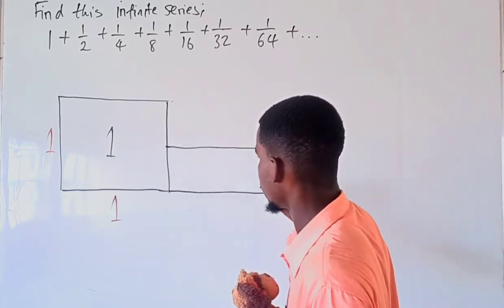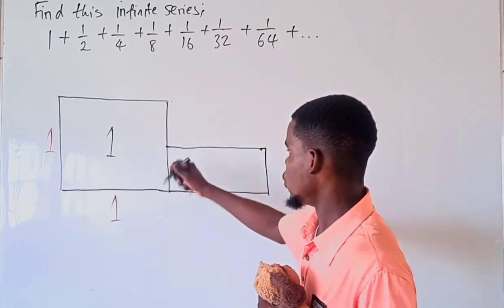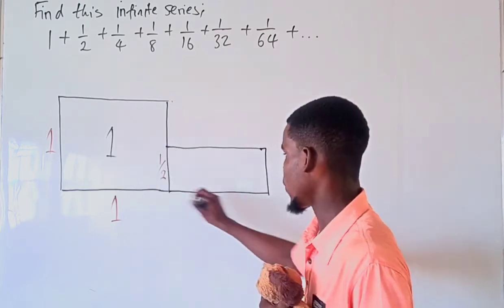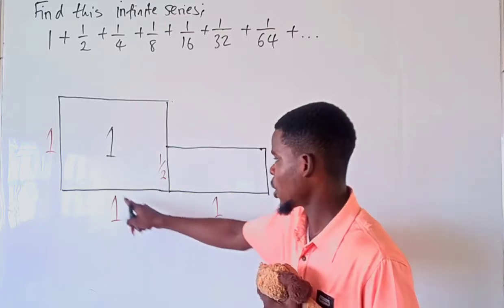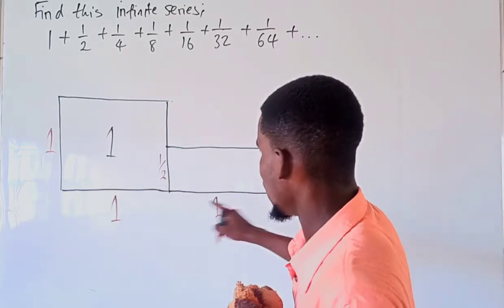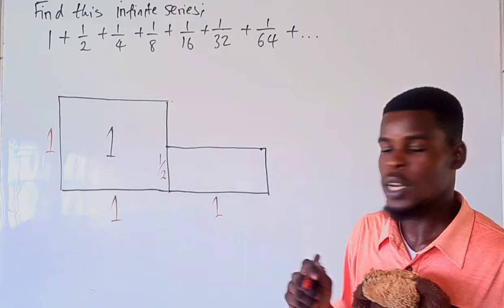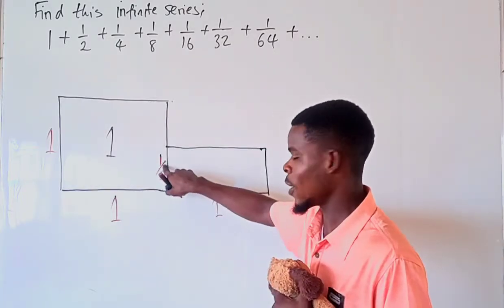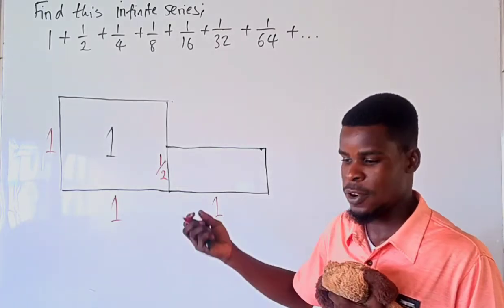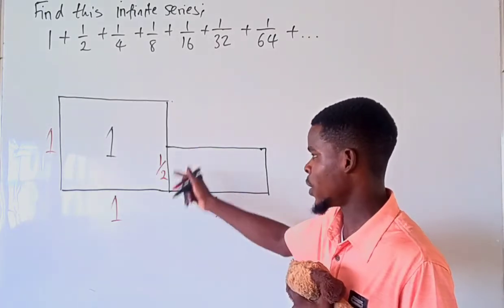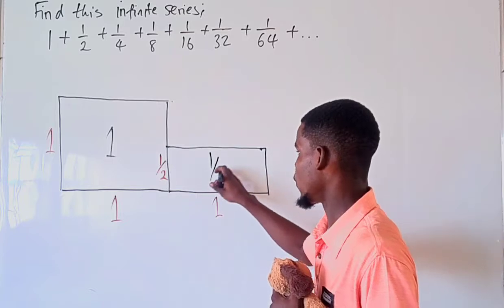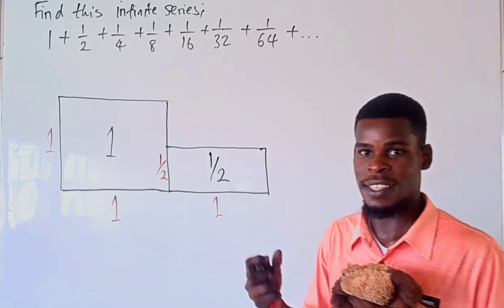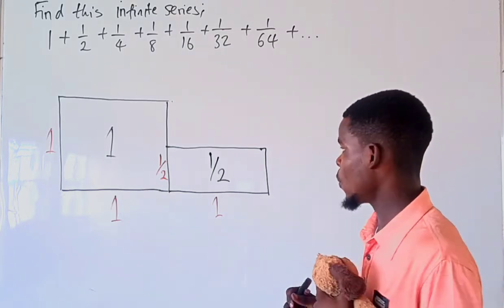Notice that from here to here is 1/2, from here to here is 1/2, while from here to here is still 1. So we measured another 1, and then we got half of it. If you want to get the area of this new rectangle, it is going to be 1/2 times the 1. By the area of a rectangle, we just have the length times the breadth, which is just going to give us 1/2. So the area is written in black, and then the length of the side is written in red.